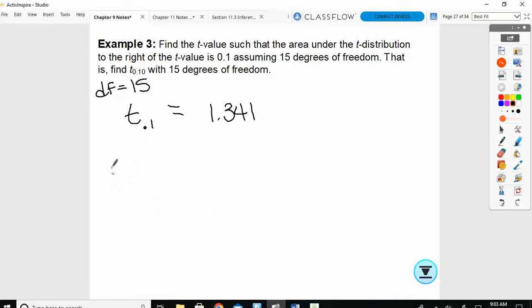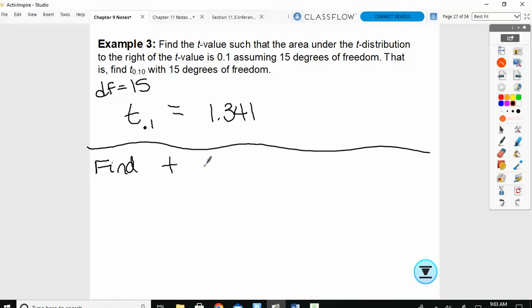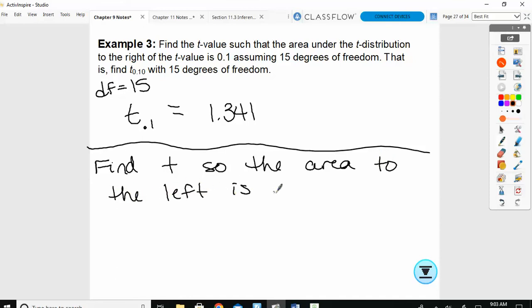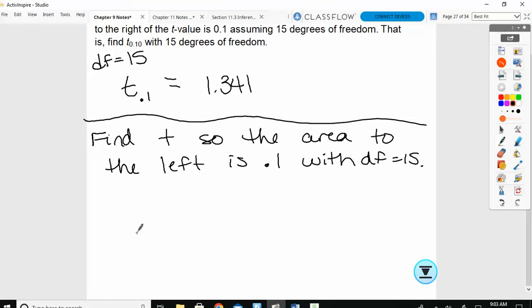This is symmetric, so if I asked you to find t so the area to the left is 0.1 with 15 degrees of freedom, it's the same problem we just did, except I flipped it.